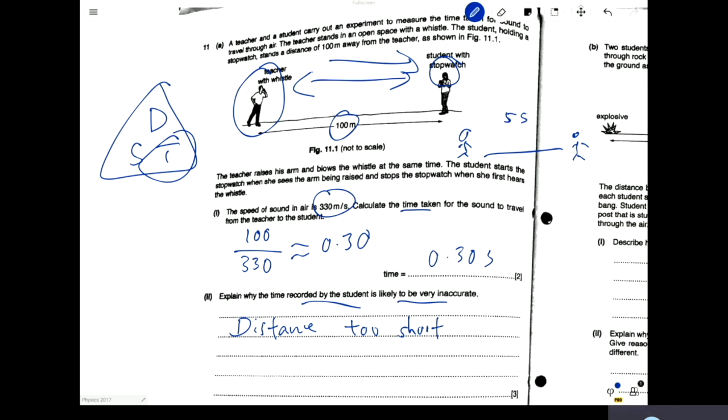Let's say it takes 5 seconds and you make an error of 0.2 second. It's not a big deal. But over here, if you make an error of 0.2 second, basically the whole experiment is wrong.